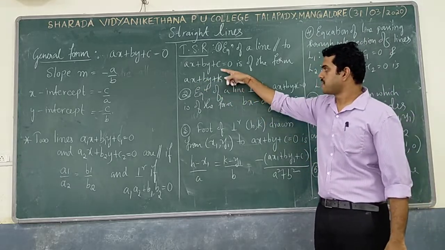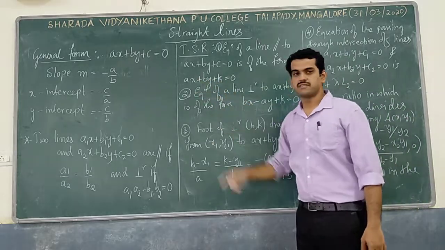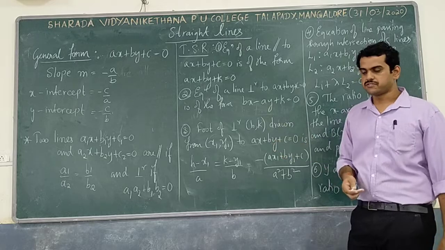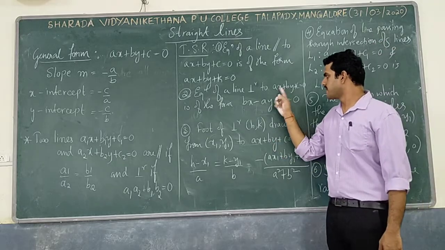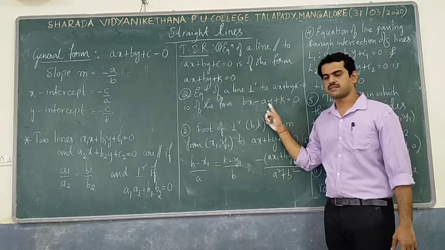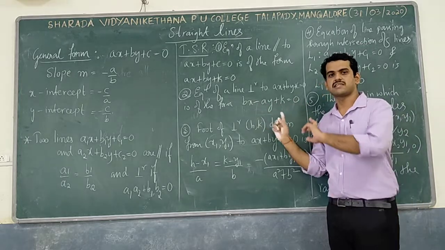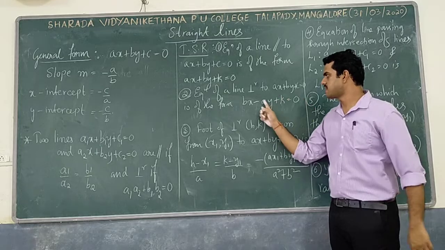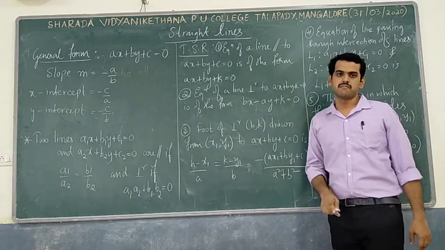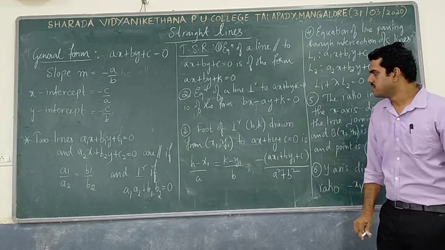Only the constant part will be changing, the remaining two will remain the same. And the equation of any perpendicular line to it is in the form bx - ay + k = 0. You can note that the coefficients of x and y get interchanged and the sign plus becomes minus, or if it is minus here, then it will become plus here. Like that it is going to change.